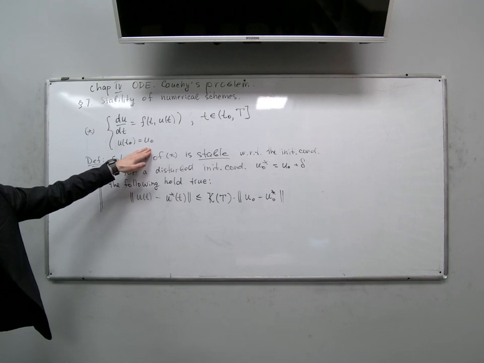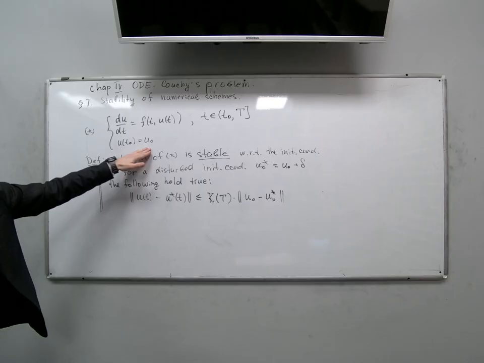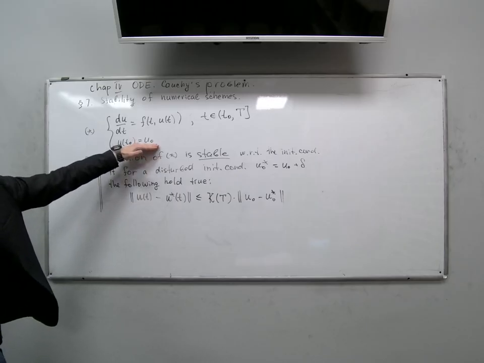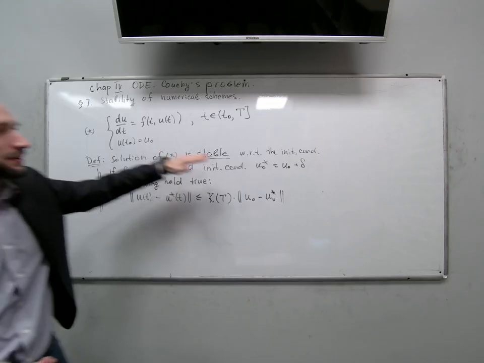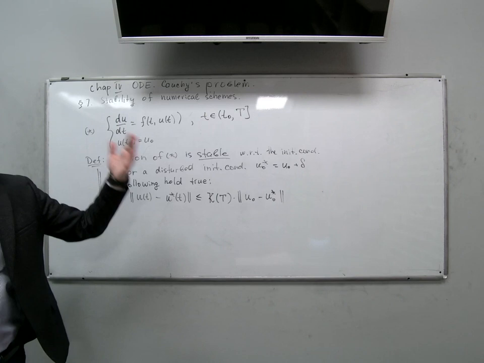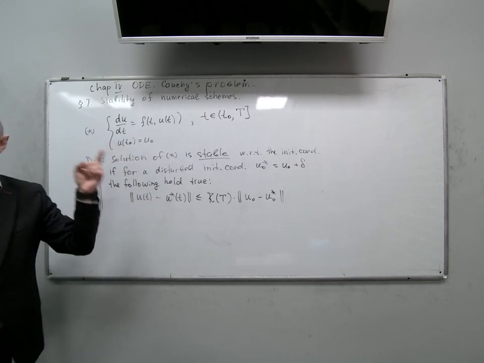This is the physics or laboratory cause of the disturbance, and another cause of the disturbance is the finite accuracy arithmetics that we are dealing with when we are solving any problem on a computer. So if we have an exact number u0 and we write this number into computer memory, you already know that we always introduce some error, which can be considered as error delta. We need to understand what will happen with our exact solution of a different problem.